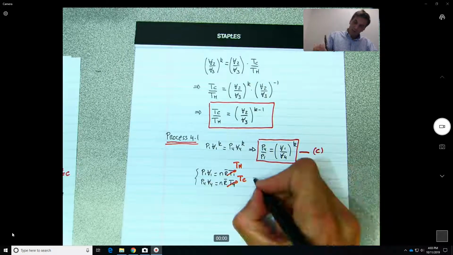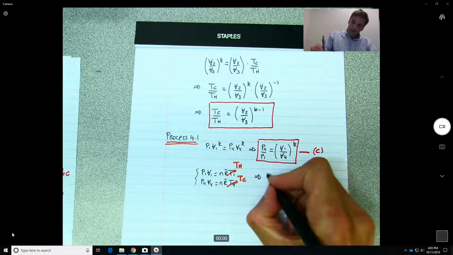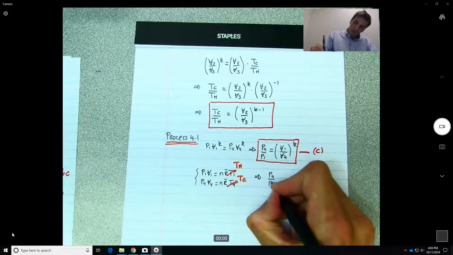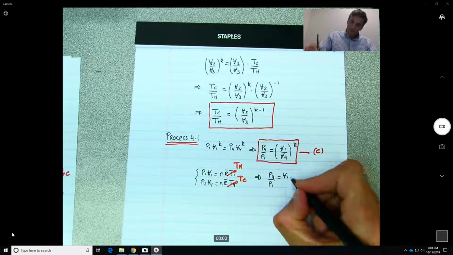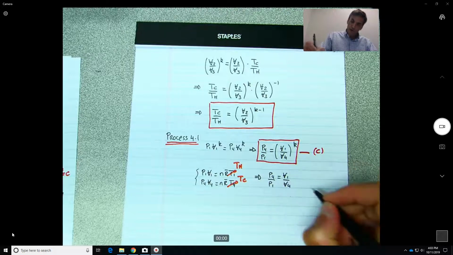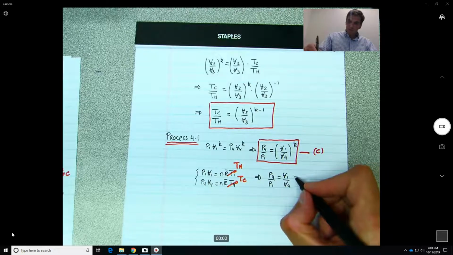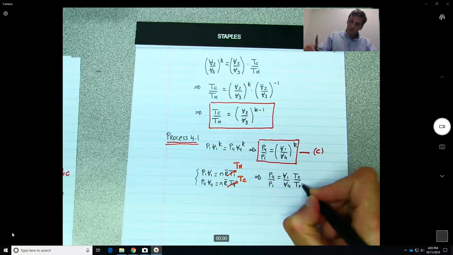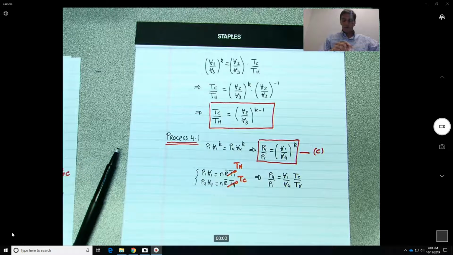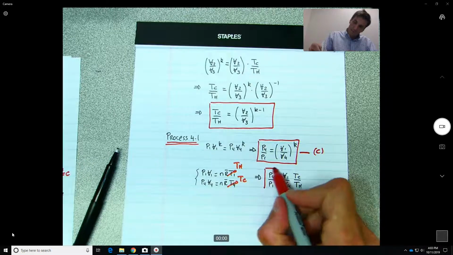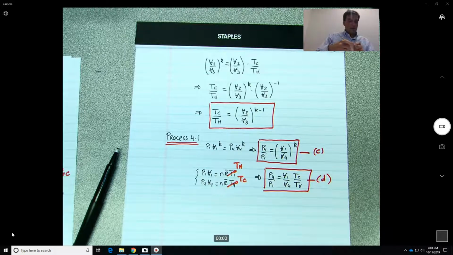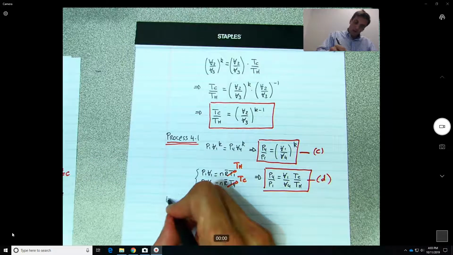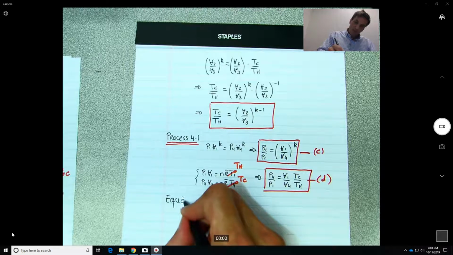So basically from here we can get that P4 over P1 will be equal to what? V1 over V4 times T cold over T hot. We equate the two relations.